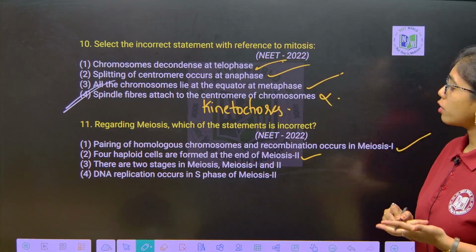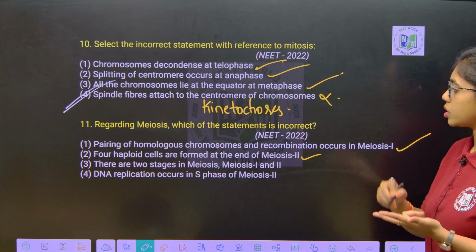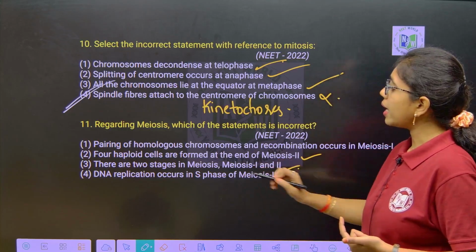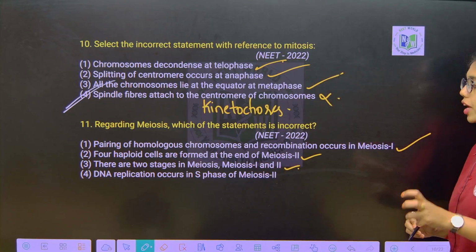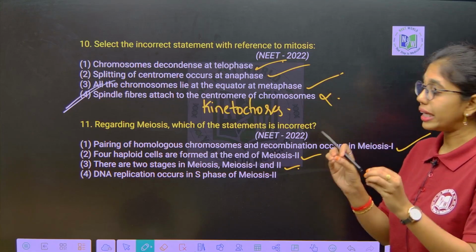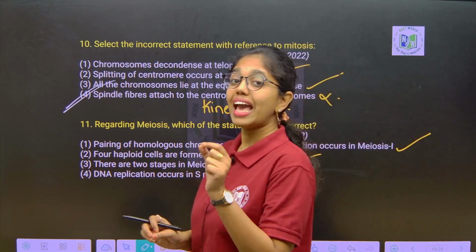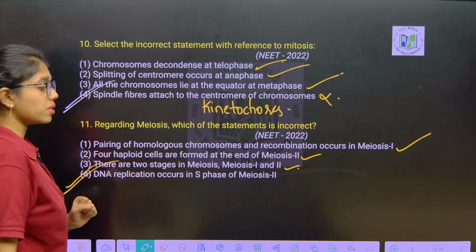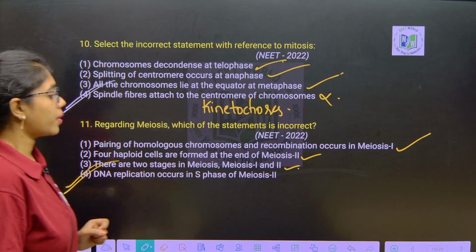Yes. There are 2 stages in meiosis, meiosis 1 and meiosis 2. Yes. DNA replication occurs in S phase of meiosis 2. Wrong, DNA replication occurs during S phase of interphase. So in this case option 4 will be the right answer.